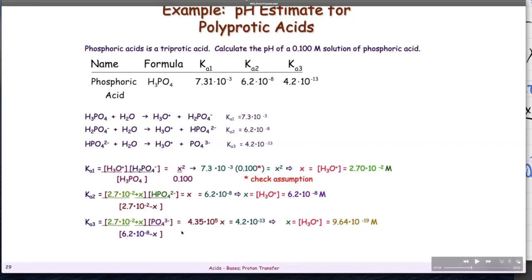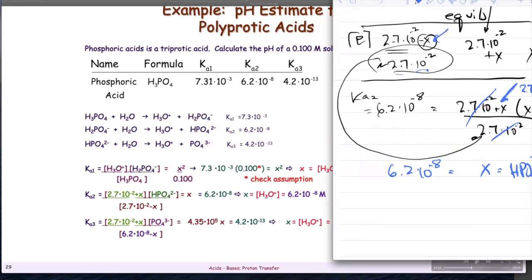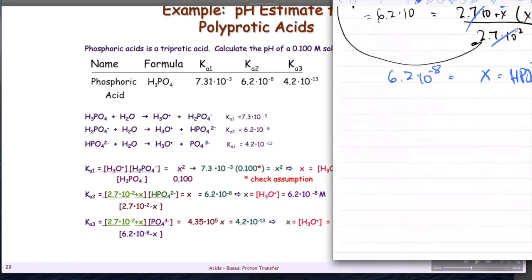So all we've got to do in this particular case, let me show you that on my iPad, is say that Ka3, which is equal to 4.2 times 10 to the minus 13, is equal to 2.7 times 10 to the minus 2 times the phosphate ion, all over 6.2 times 10 to the minus 8.